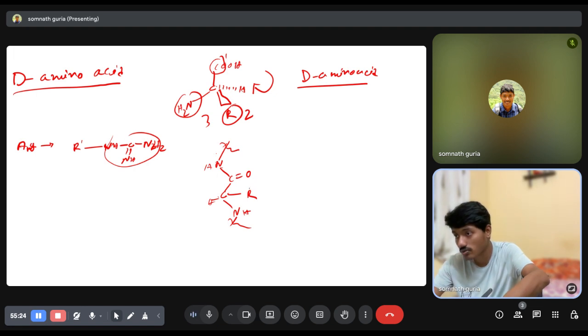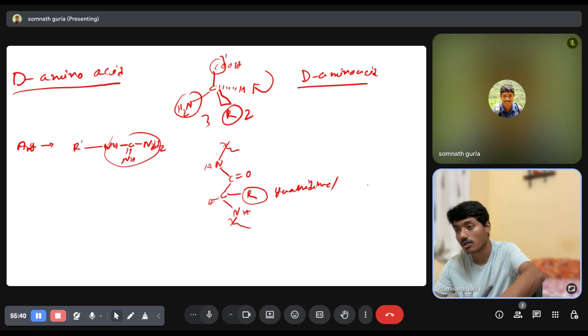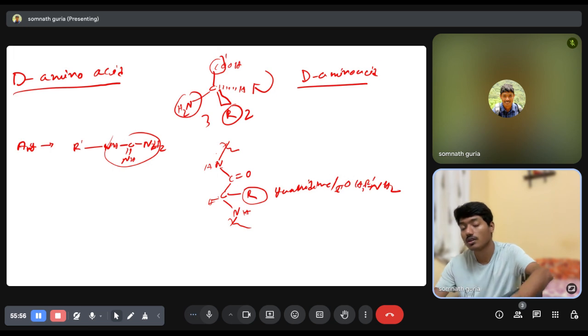This R group, if the R group is some functional group over here, let's suppose it may be guanidine, or serine, where we have the OH group. Maybe we have the NH2 group, R dash NH2 group, R dash NH group.